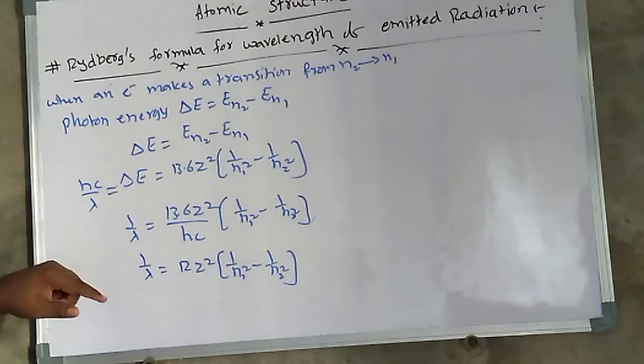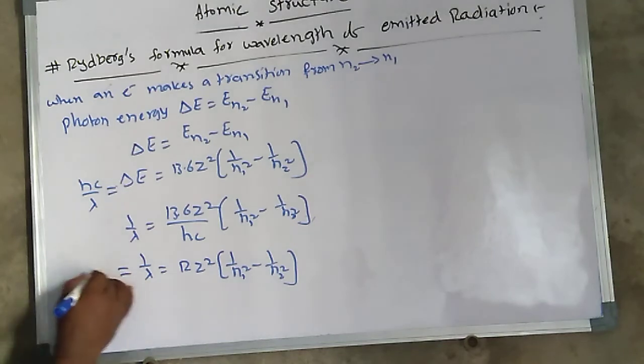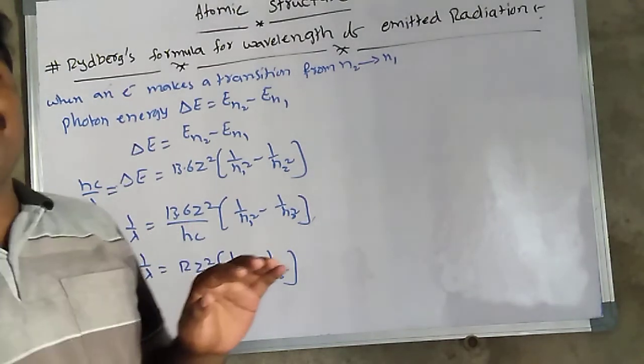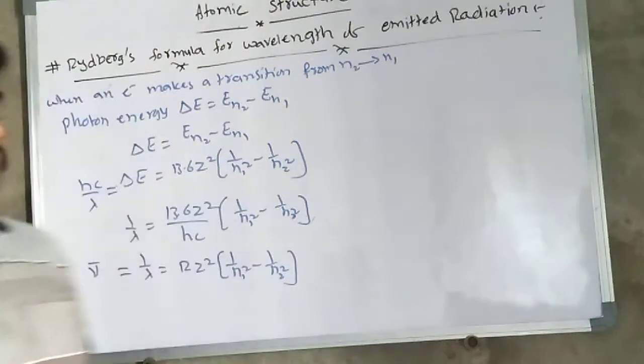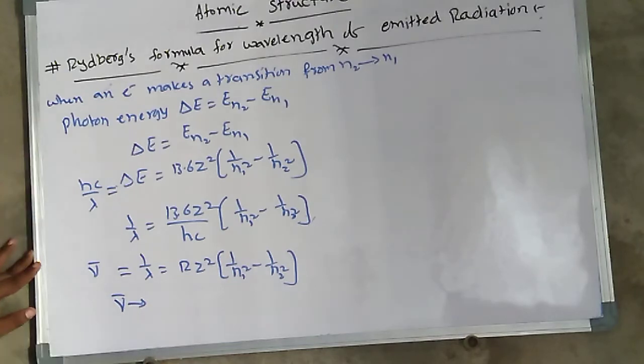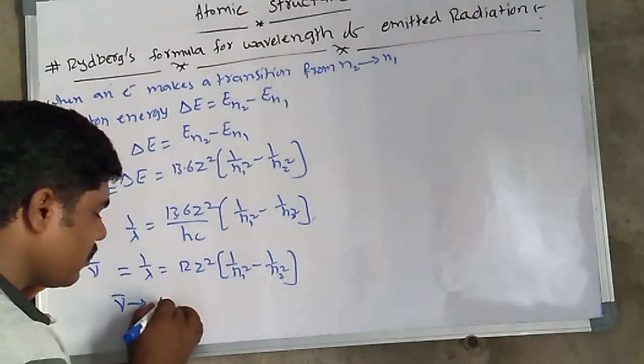Here 1 by lambda is nothing but the wave number, mu bar. Mu bar is nothing but the number of waves per unit length, and we call mu bar the wave number.